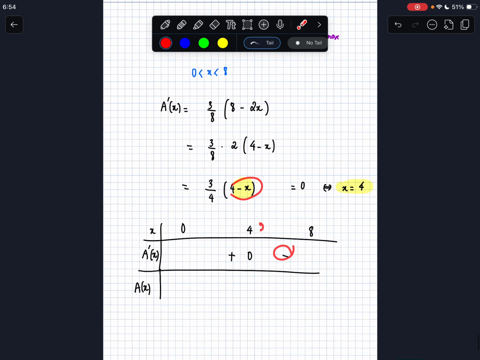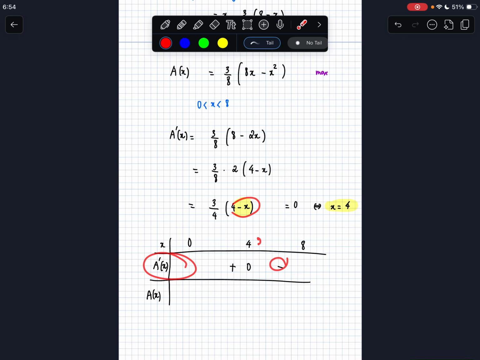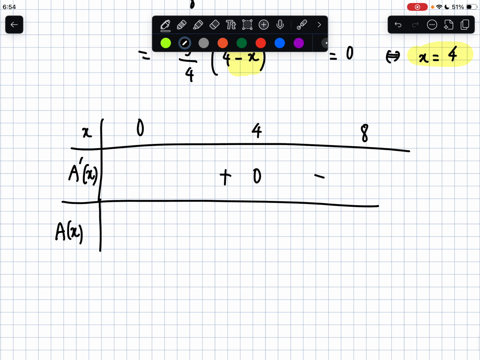So we have the sign of A prime. Now A is increasing and then decreasing like this. The maximum is right here. A of x is maximum if x equals 4.